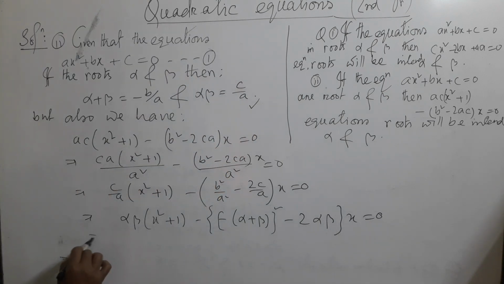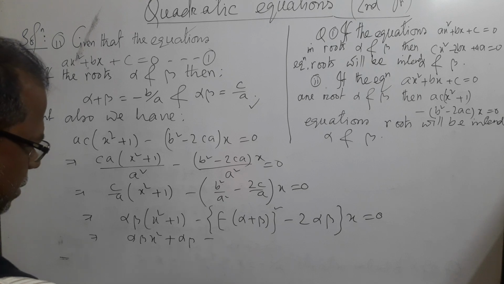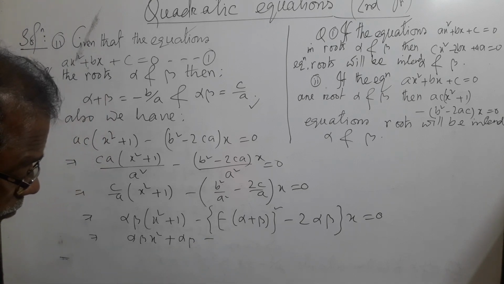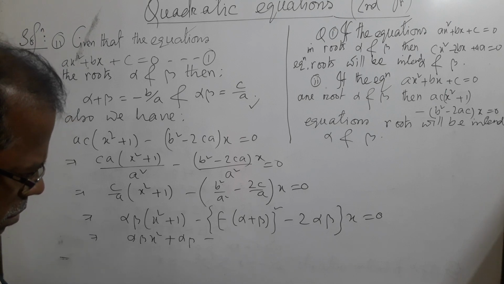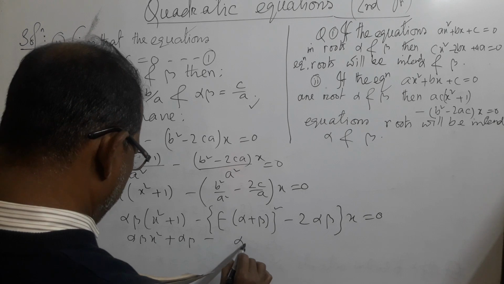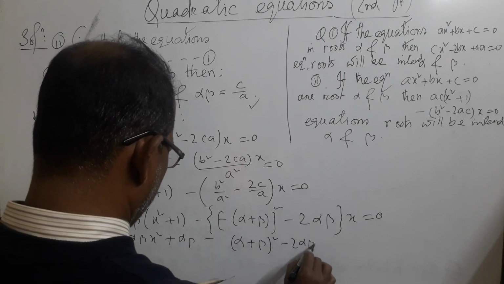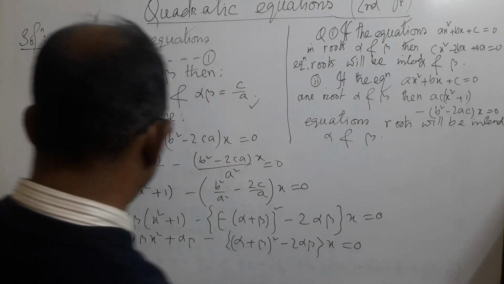So alpha beta x² plus alpha beta minus (alpha plus beta) whole square minus 2 alpha beta into x equals 0.